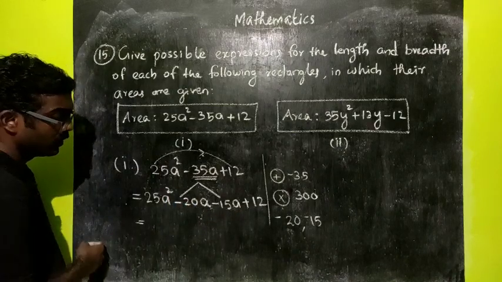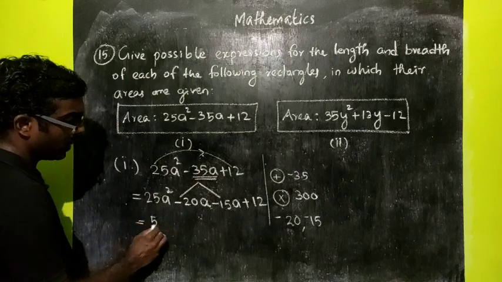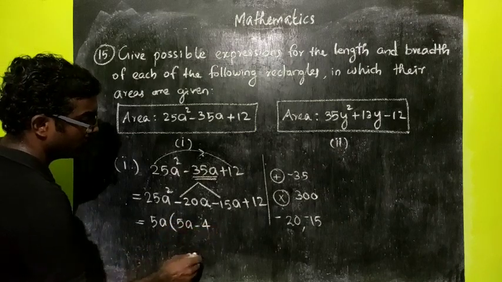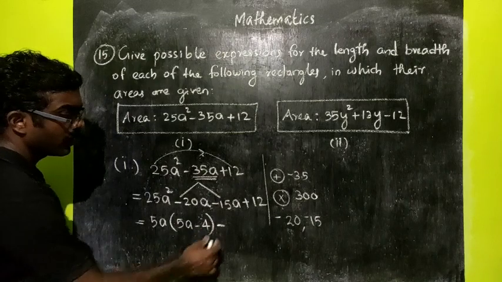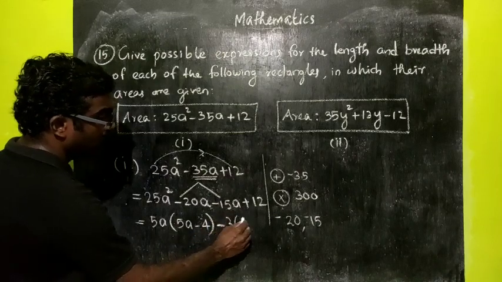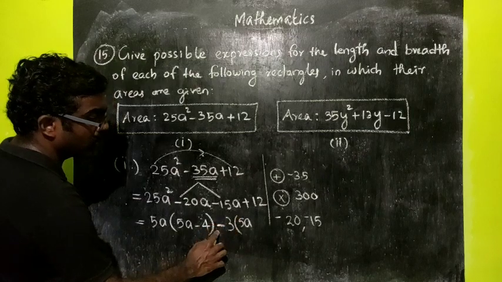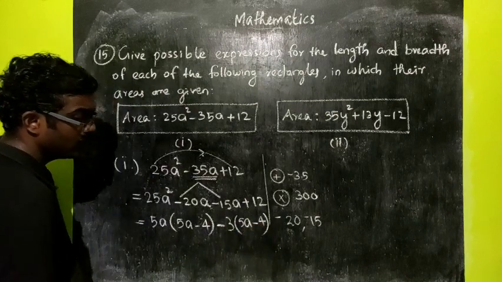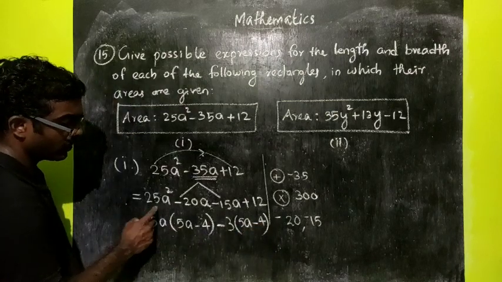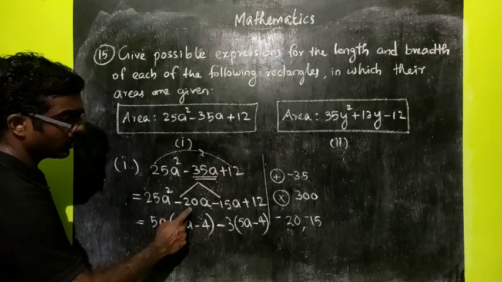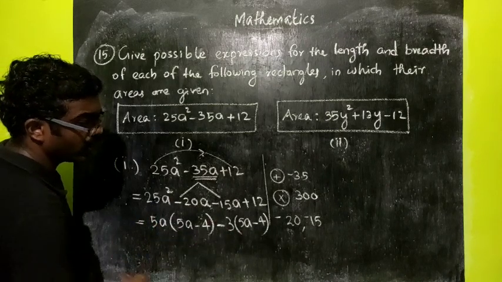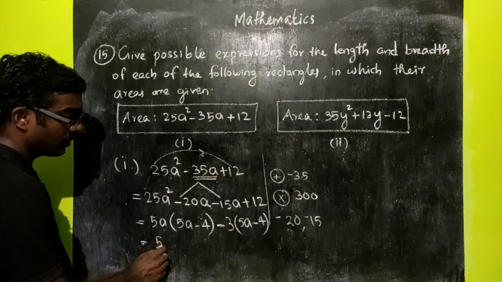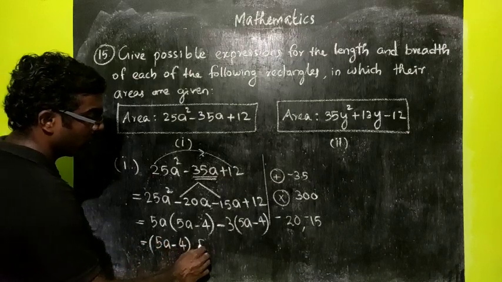Now we can take 5a common, so 5a into 5a minus 4, then minus 3 common, 3 into 5a minus 4. We can multiply and verify: 5a into 5a is 25a square, 5a into minus 4 is minus 20a, minus 3 into 5a is minus 15a, minus 3 into minus 4 is plus 12. Now 5a minus 4 is common, so 5a minus 4 into 5a minus 3.